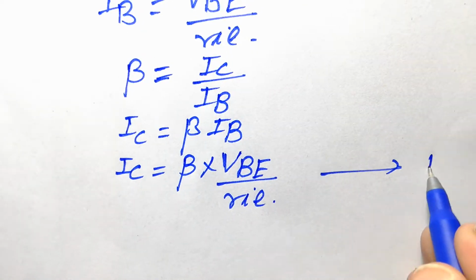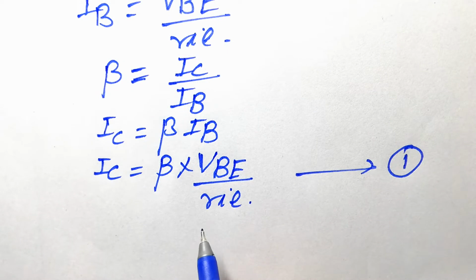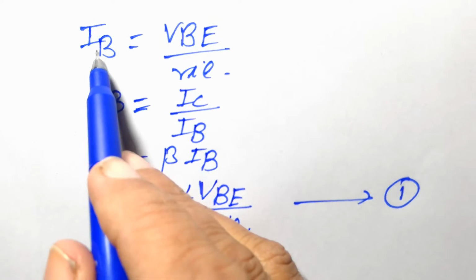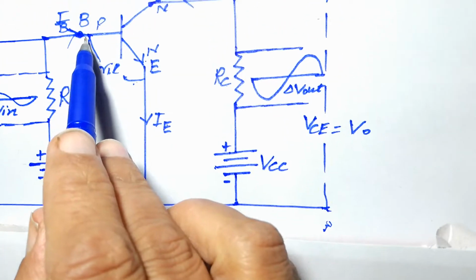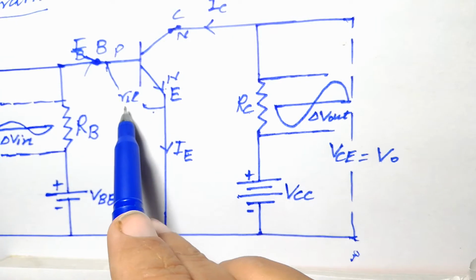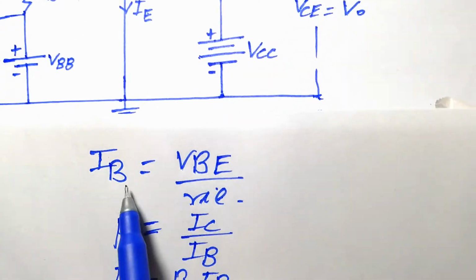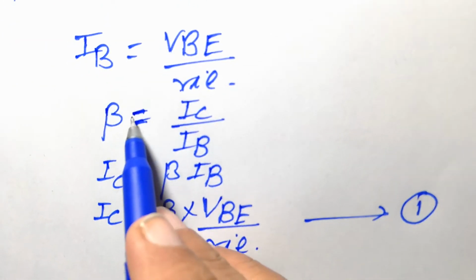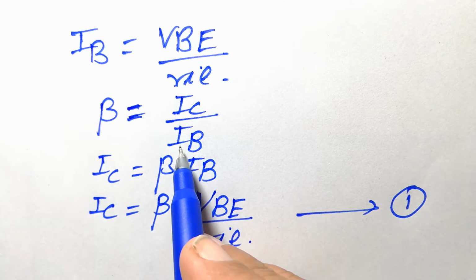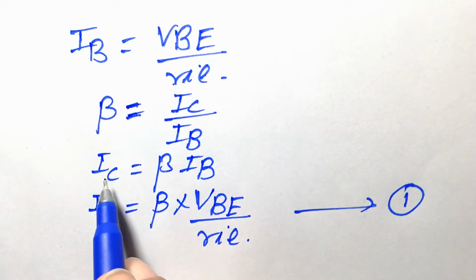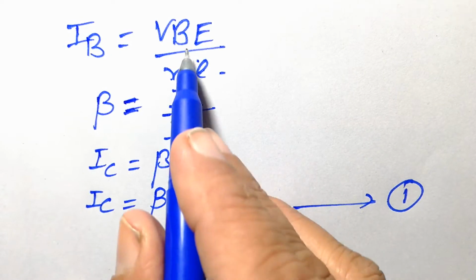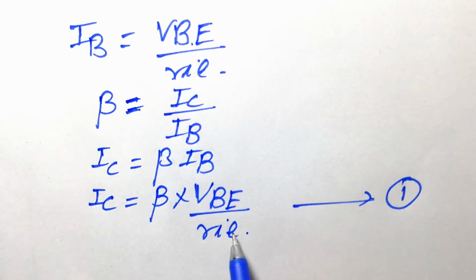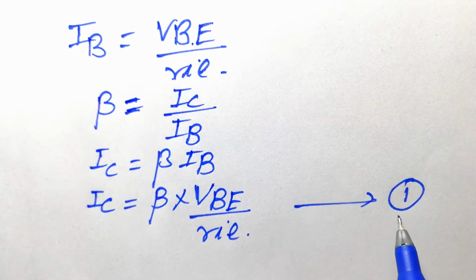Let's suppose it is equation number 1. Let's look at it again, a very important long question. Base current IB is equal to VBE, the input voltage, divided by the resistance RIE. Beta, the current gain, is the ratio of IC and IB, so IC is equal to beta into IB. Putting the value of IB, we get IC is equal to beta into VBE divided by RIE, and it is equation number 1.